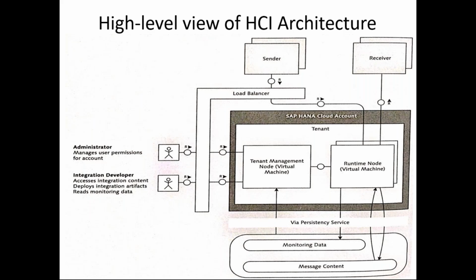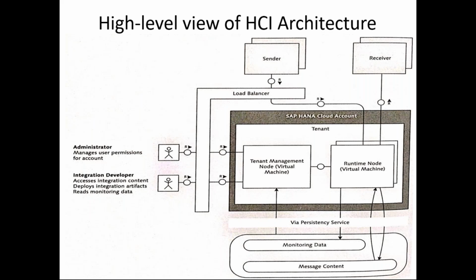So what is the other one? The runtime node simply executes the tasks assigned by the TMN. That means the message processing in CPI, whatever iFlow you run, runs on this node. This node type interacts with the systems and executes accordingly.